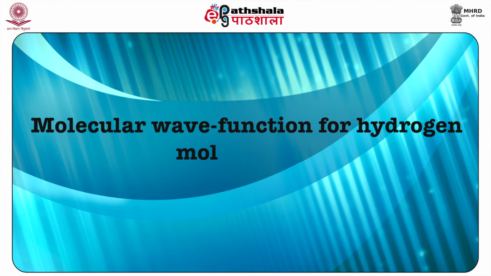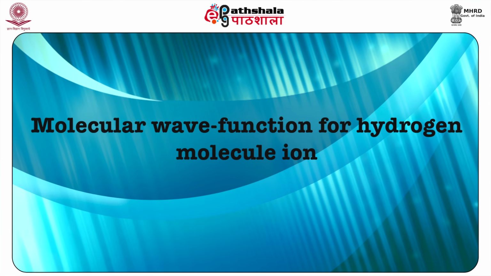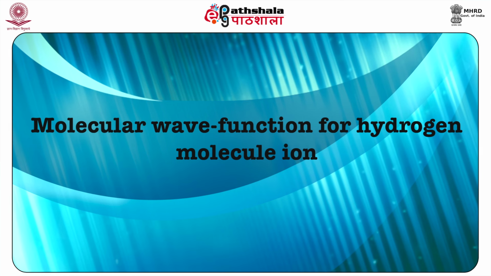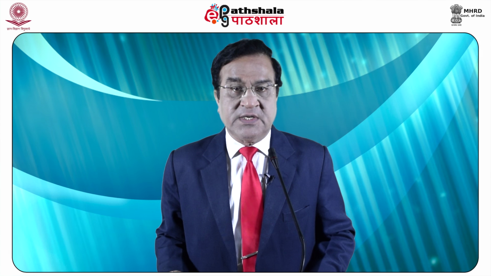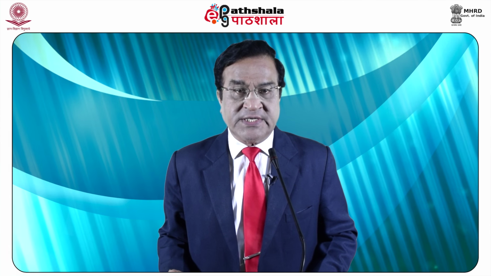Let's now look at the molecular wave function for the hydrogen molecule ion. We have already seen that this is given by the relation C1 psi HA1 plus C2 psi HB1. But what are the values of the coefficients?